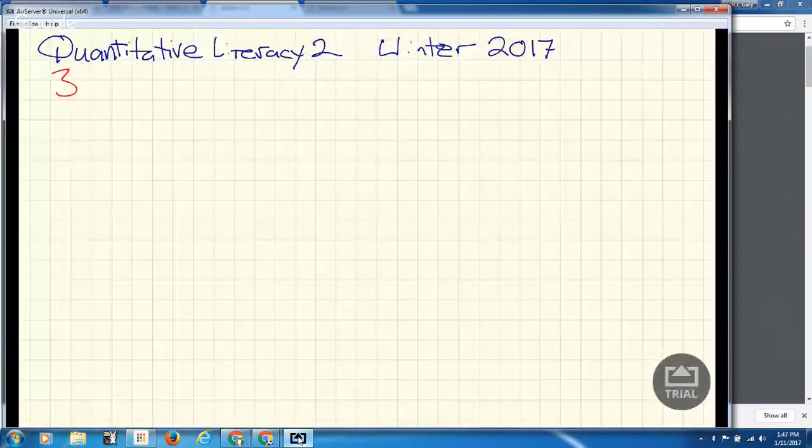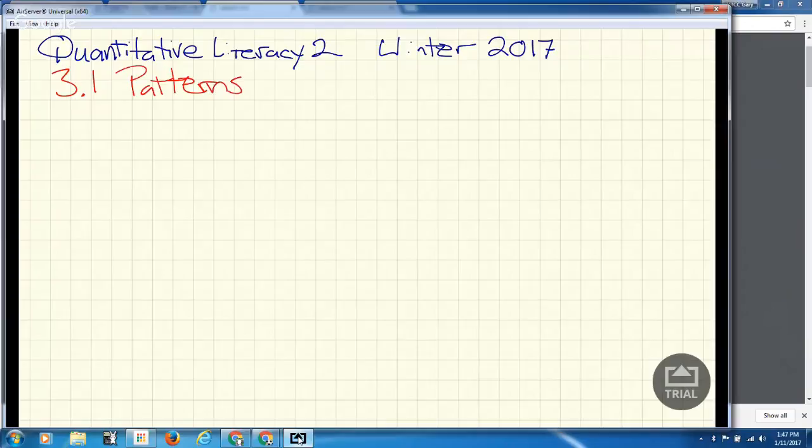Starting off with lesson 3.1, we're looking at patterns and equations. And our first pattern has some x's made of dots. So we have that pattern there.